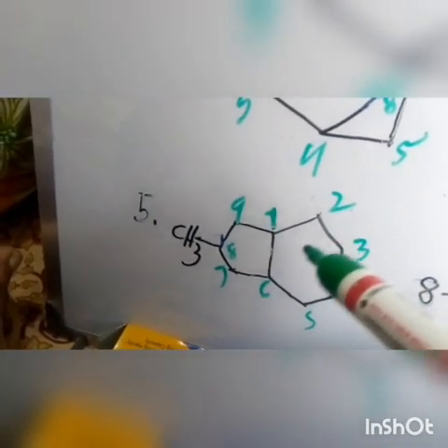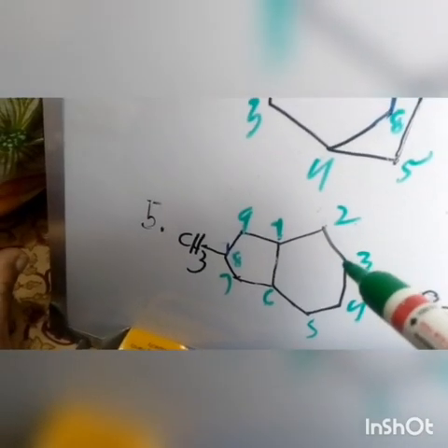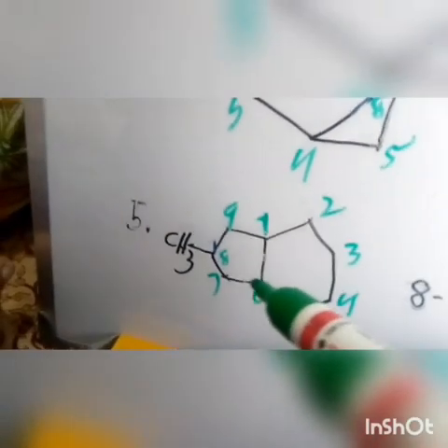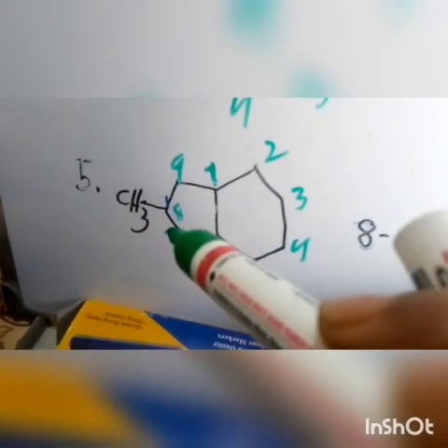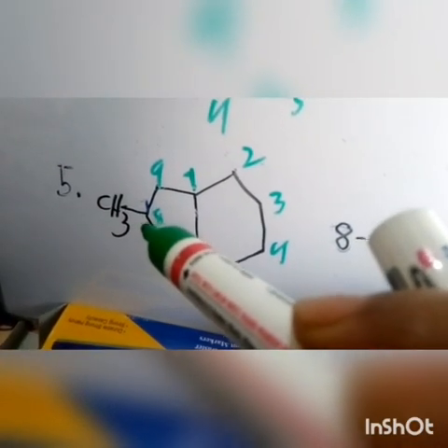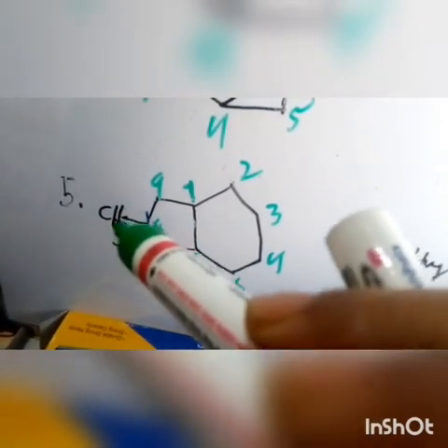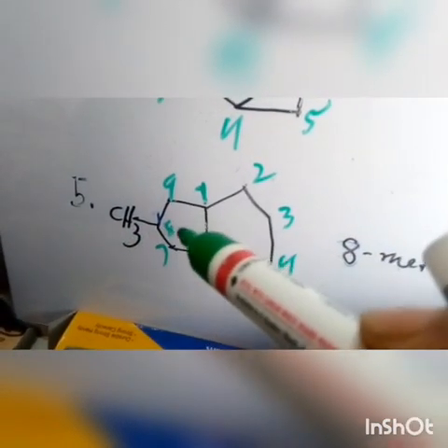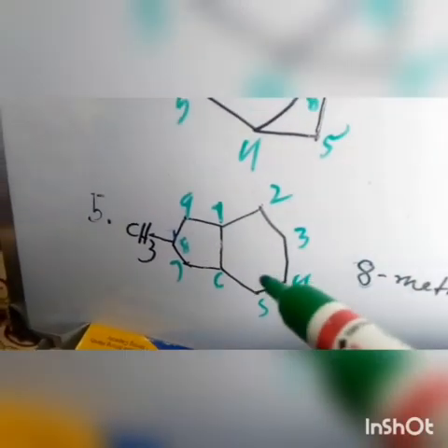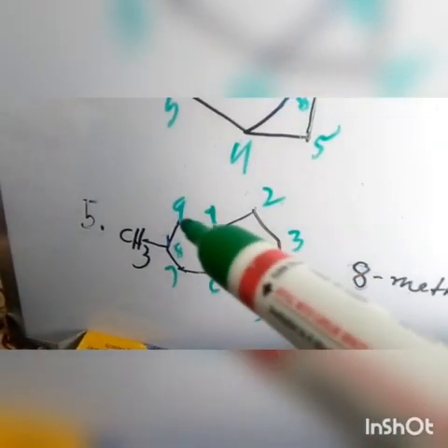This ring contains 1, 2, 3, 4, this ring contains 1, 2, 3, and this contains no carbon atom. So its nomenclature would be 8-methyl, substituent methyl group, 8-methyl bicyclo 4 3 0 nonene.